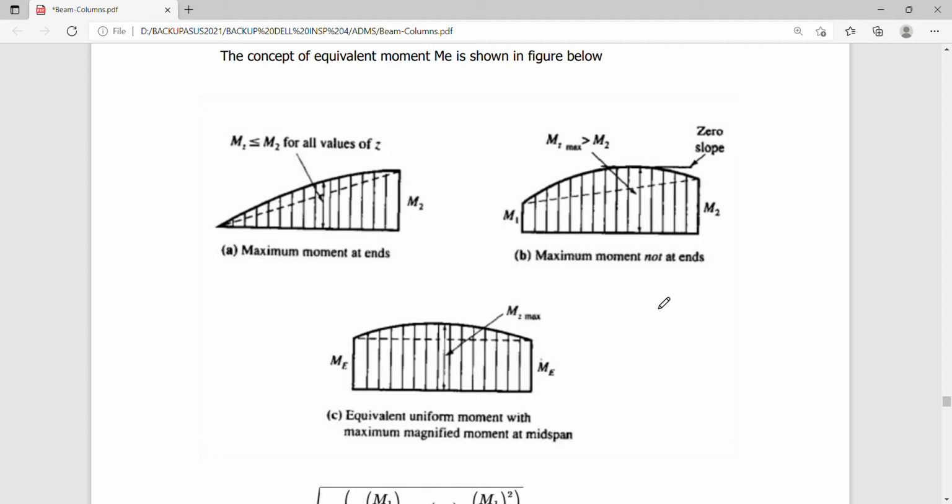So there are two possibilities upon which the magnification at the midspan of a brace column, that means the endpoints have no translation.